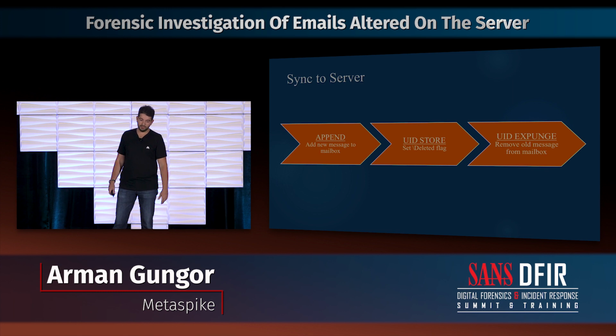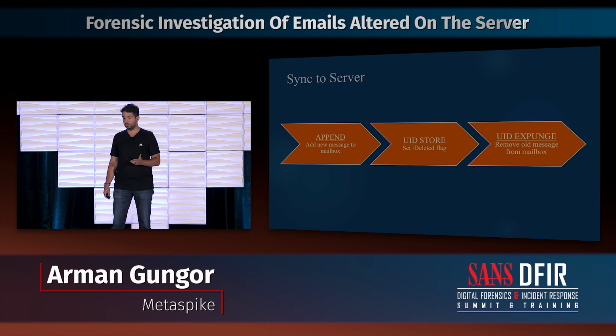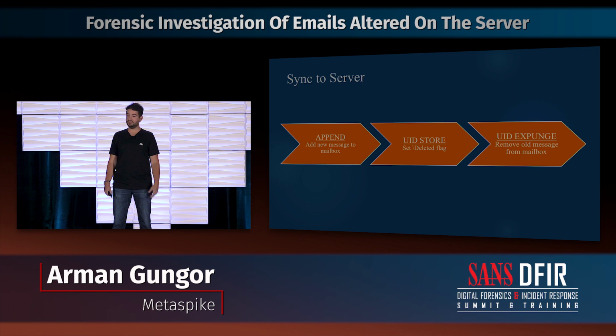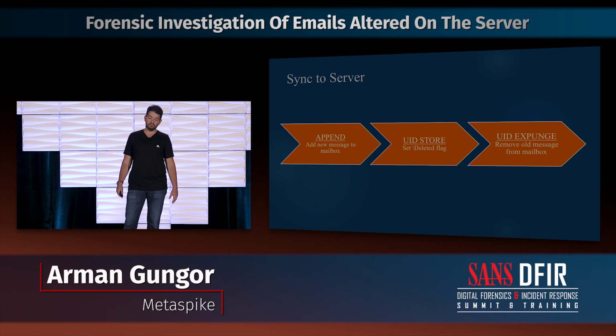You would issue the append command with some optional arguments, so you could pass a flags argument to tell it what IMAP flags you want the end result to have. You could pass an optional timestamp argument, so that affects how the resulting message has an internal date. And finally, you would pass a message literal, so that's the actual contents of the message that you want to append.